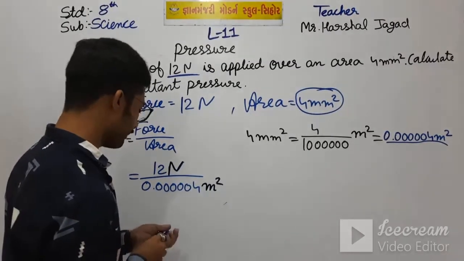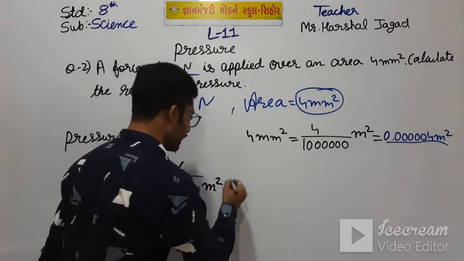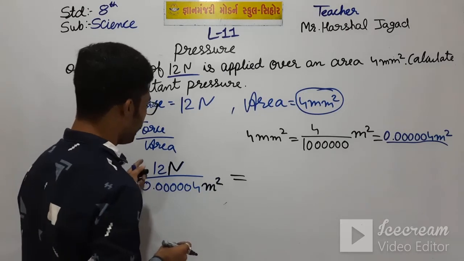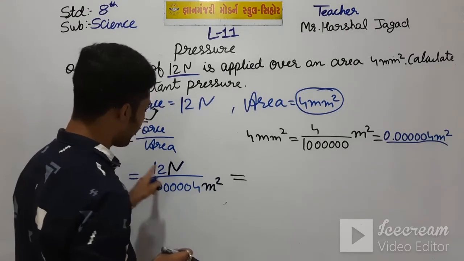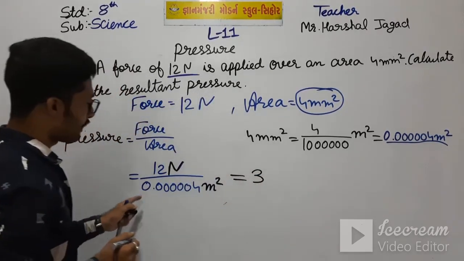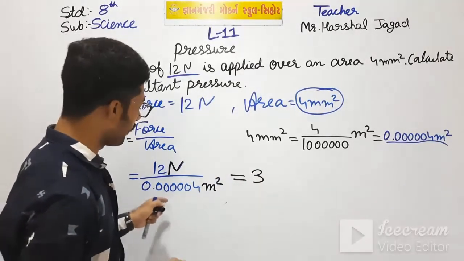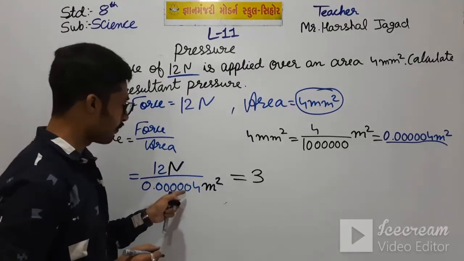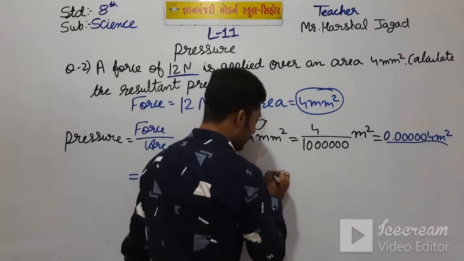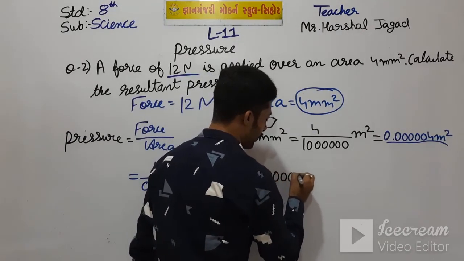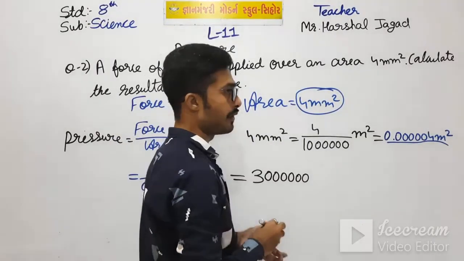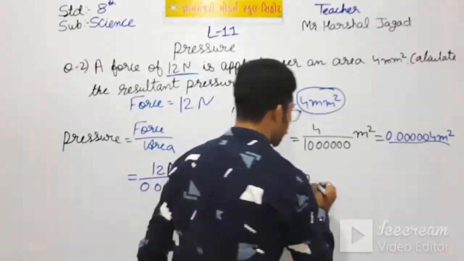Okay students, now what will be the answer? Let us see that here. 12, 4 3s are 12. First of all, we have to write down 3. So 3, then after 3 how many zeros? 1 2 3 4 5 6, 6 zeros come. And what is the unit of pressure? That is Pascal.